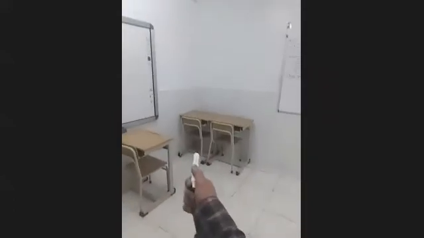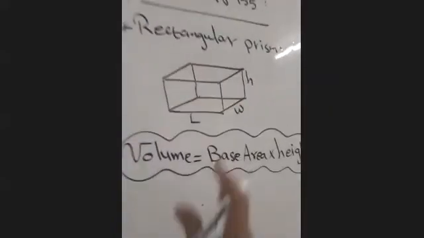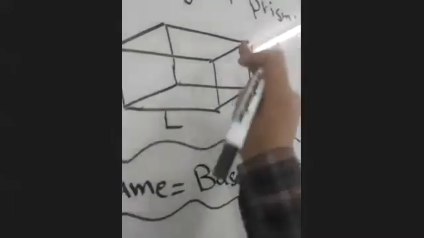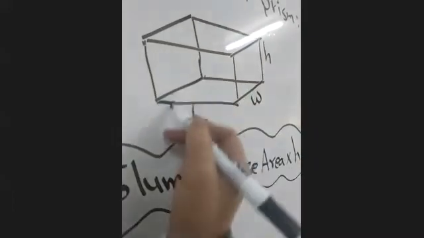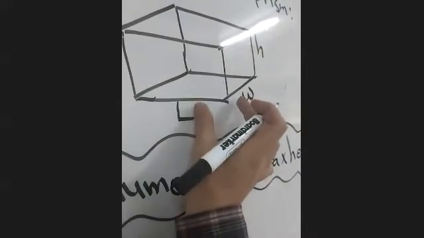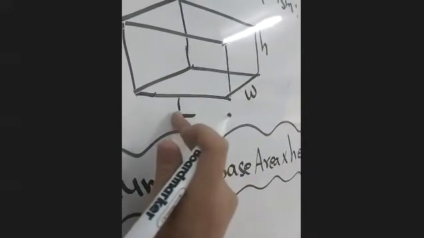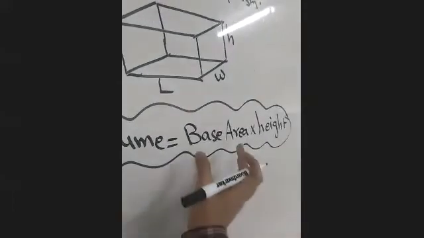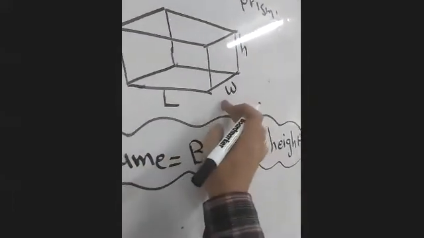For example, this room has length, width, and height. This line is the length, this line is the width, and this line is the height. The rectangle on the floor is the base, and its area is length multiplied by width. So the base area is length multiplied by width.